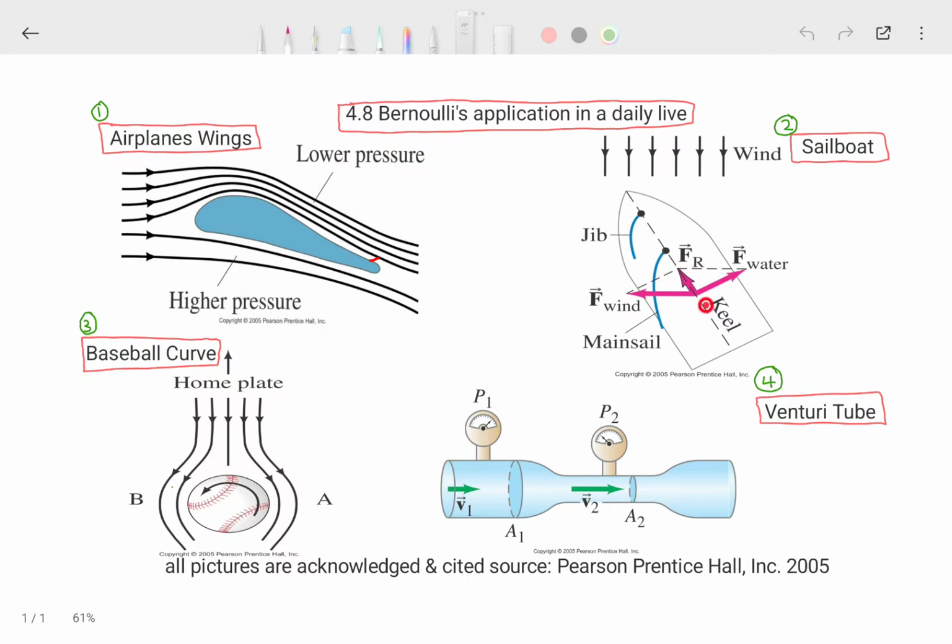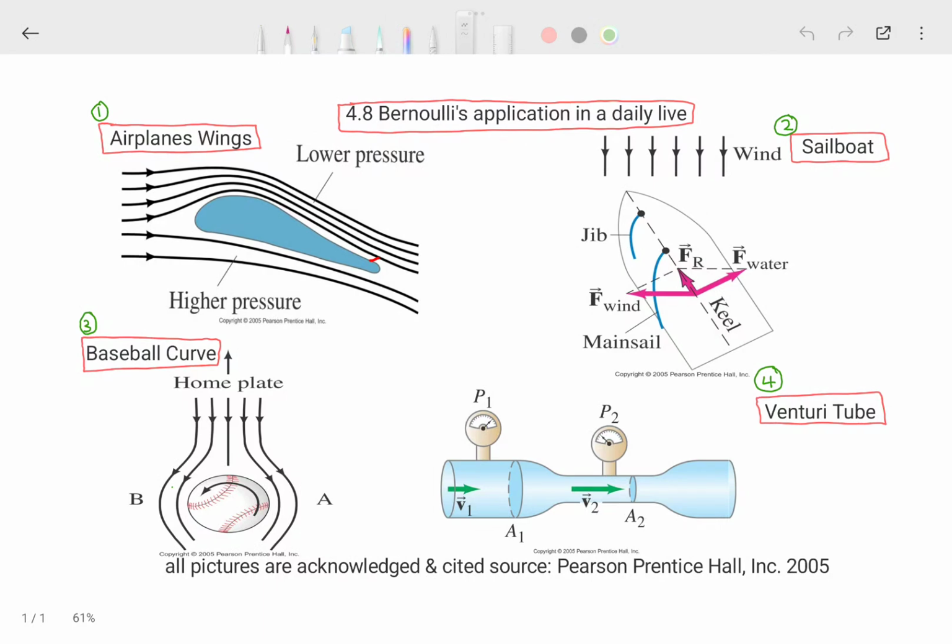Application number 3 is the baseball curve. Please look at this diagram. A ball's path will curve due to its spin, which results in the air speeds on the two sides of the ball not being equal.